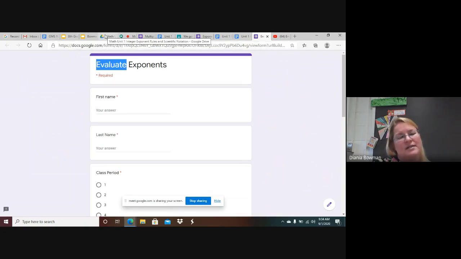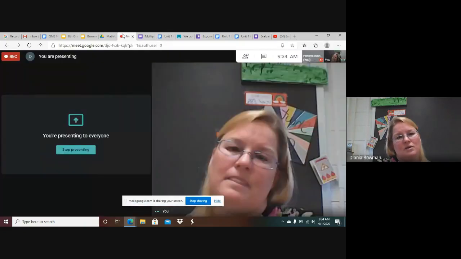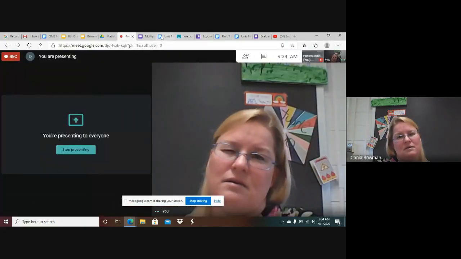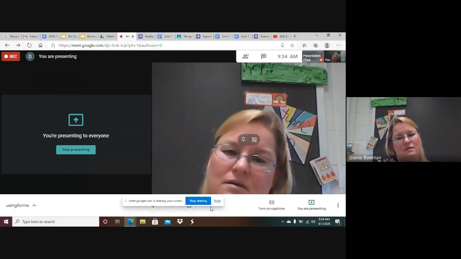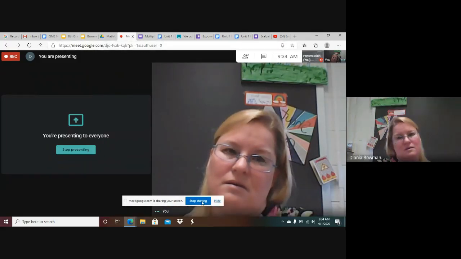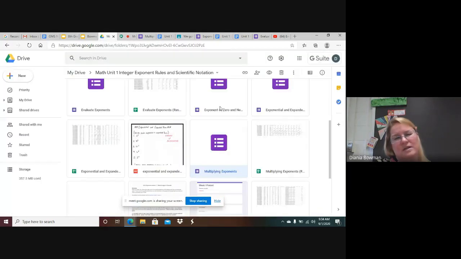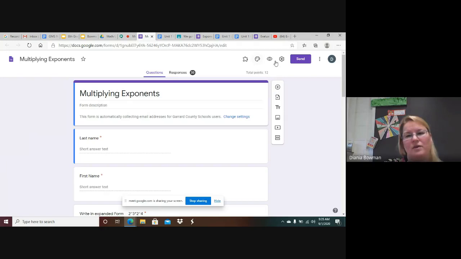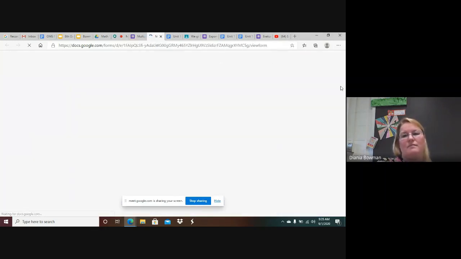Let's look at another form that you might have. I'm going to have to go to Google Classroom so we can look at that. Let's go to the multiplying exponents form, so that you can see how to type that in.